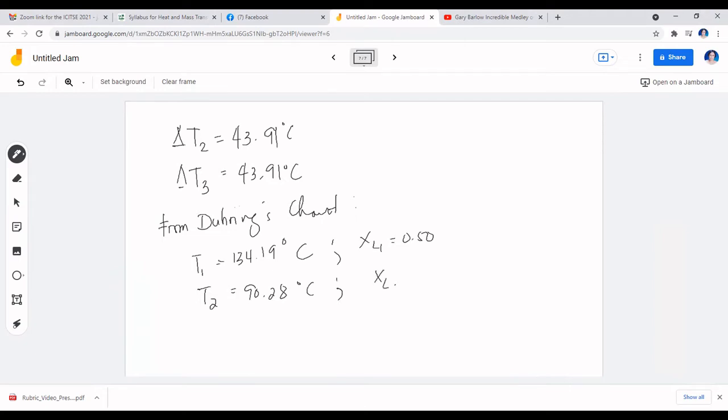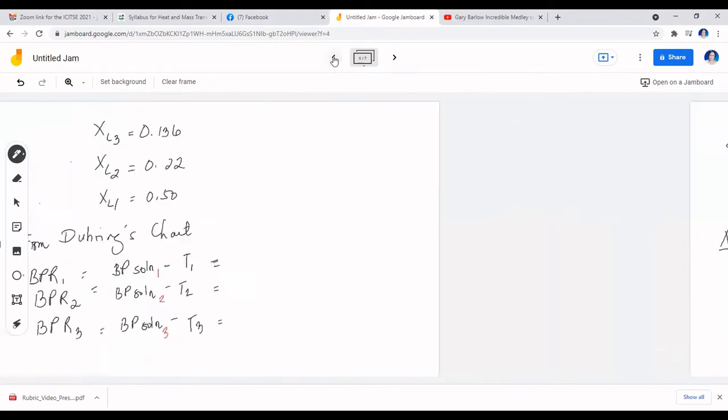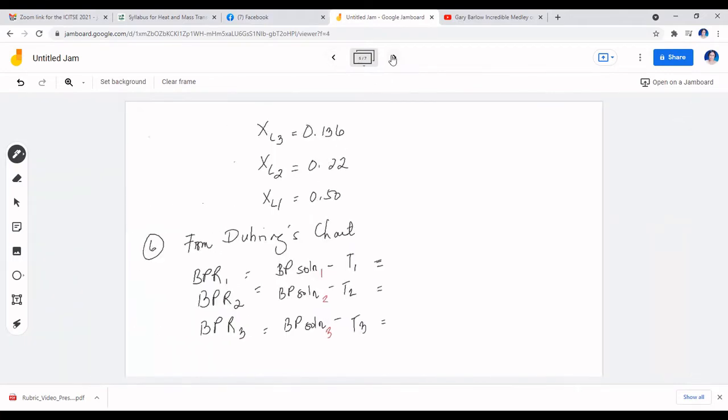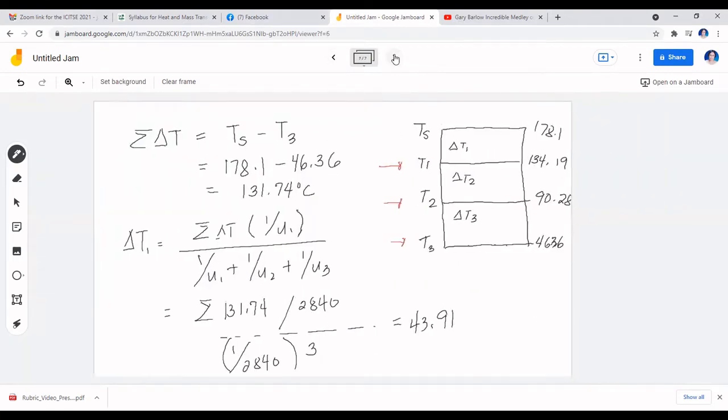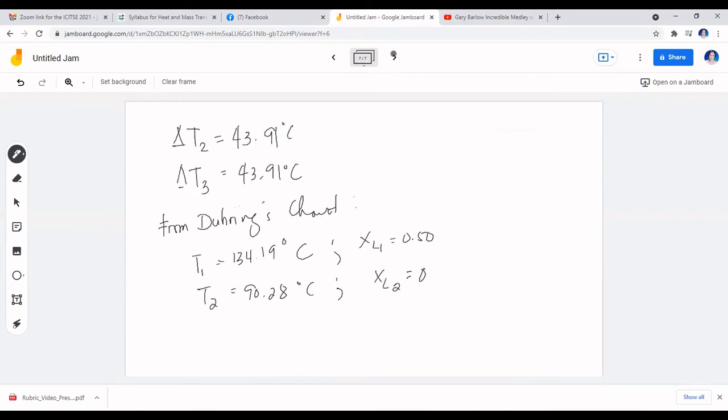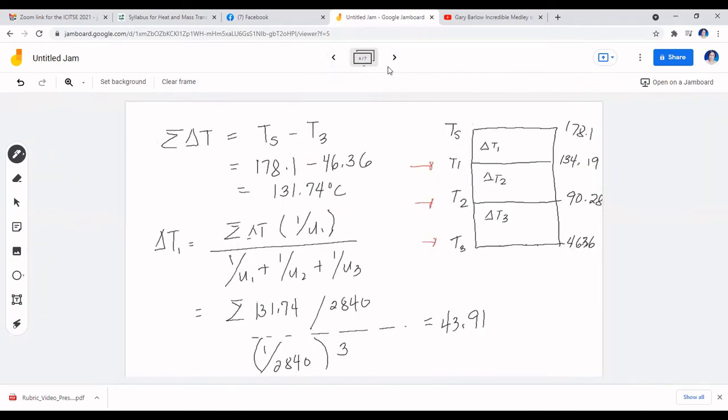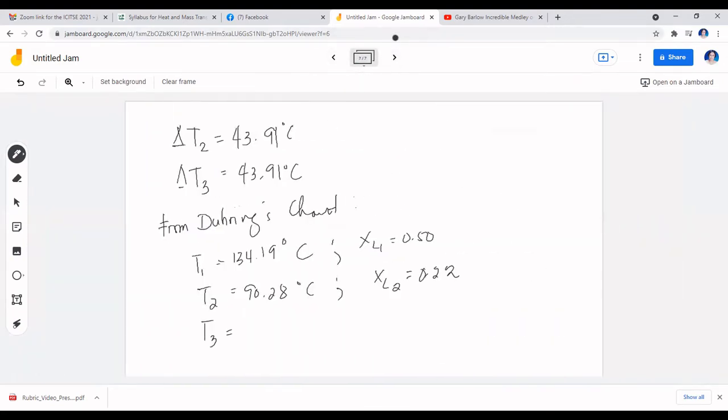Your XL2 here, we computed based on our first assumption. So XL2 is 0.22. And we have T3, 46.36.